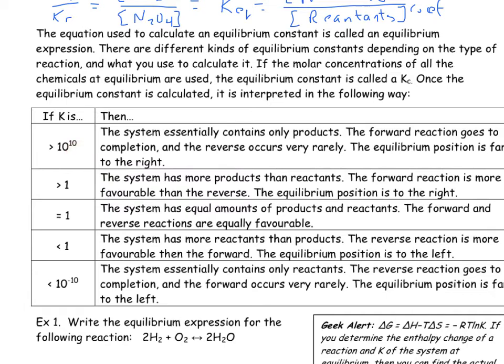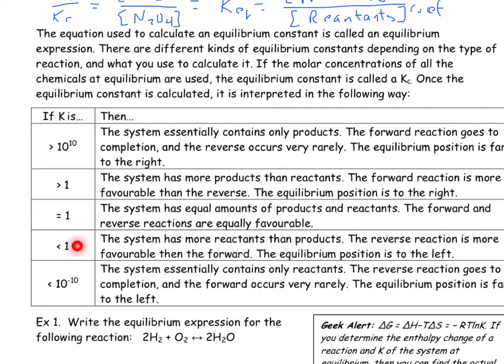This means that the system essentially contains only products and no reactants. We interpret that as the forward reaction going to completion and the reverse reaction rarely occurring. The equilibrium position is described as being far to the right.